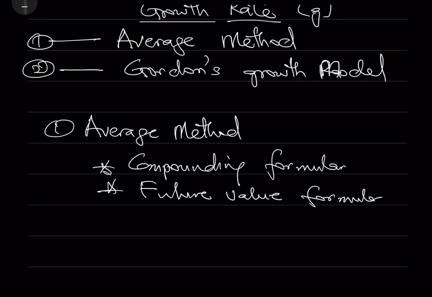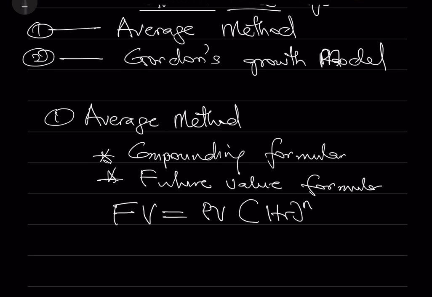The formula says the future value of a cash flow is equal to the present value of that cash flow, open the bracket, 1 plus the rate of growth of that cash flow, raised to the number of years that you want to grow the cash flow. This is a very popular formula. You cannot do financial management without knowing it.